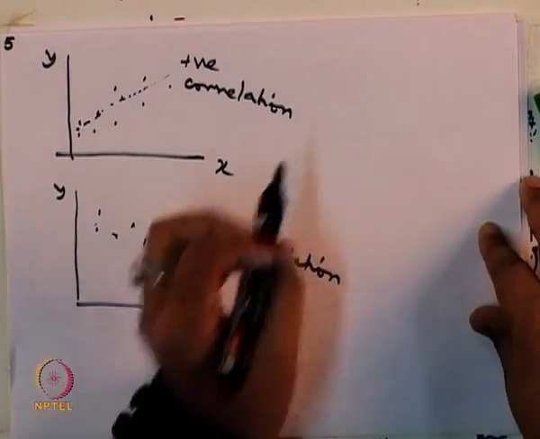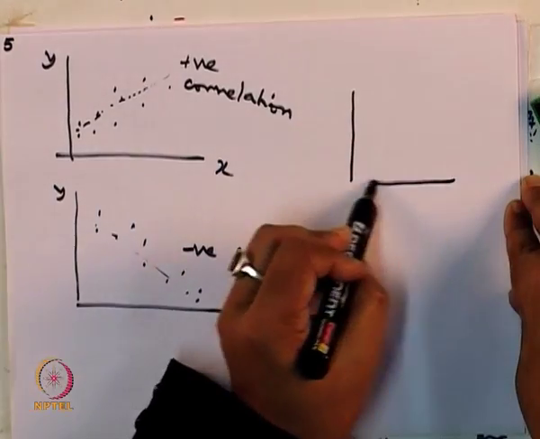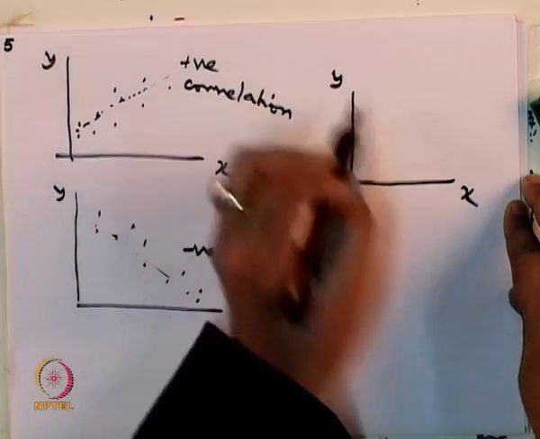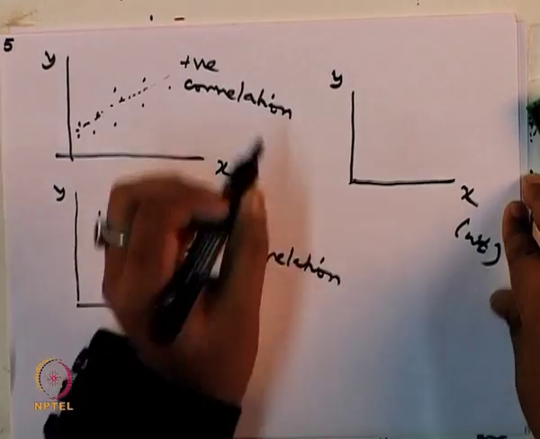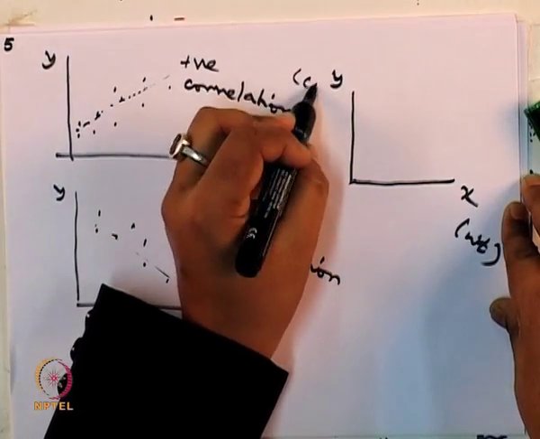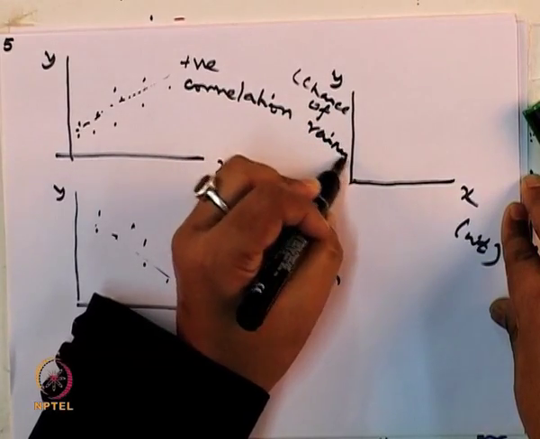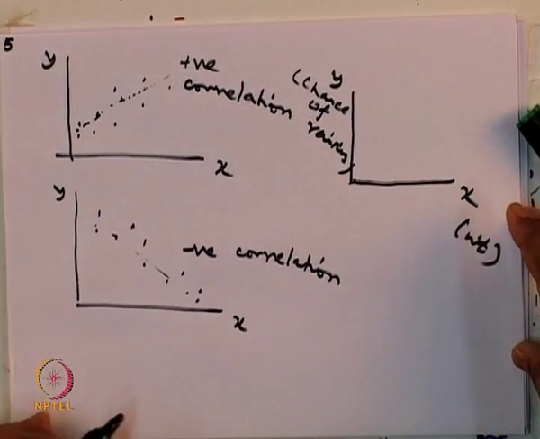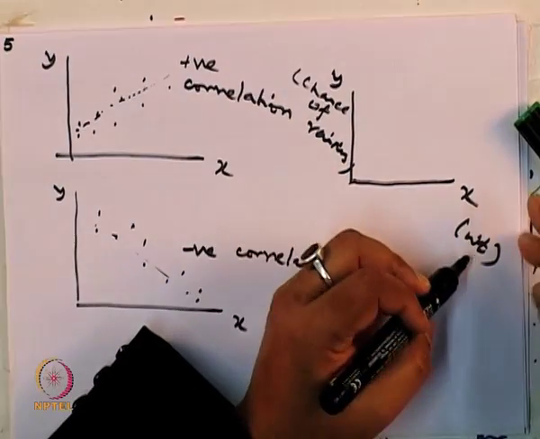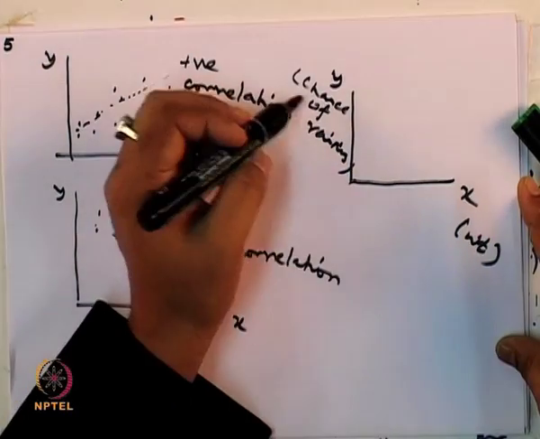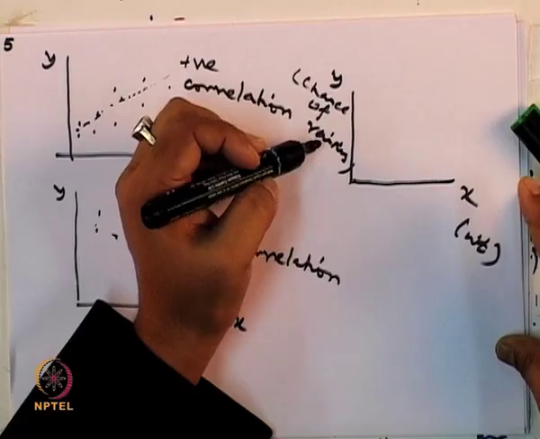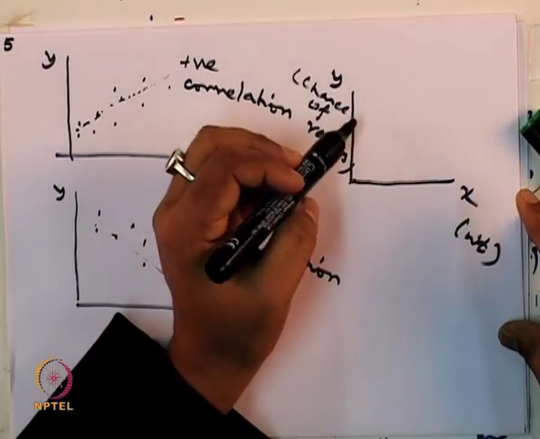Okay. In other cases, let us say for example, we are correlating weight with the chance of raining today. Weight of a person on 10 different days and the chance of raining, or weight of 10 different people and the chance of raining.